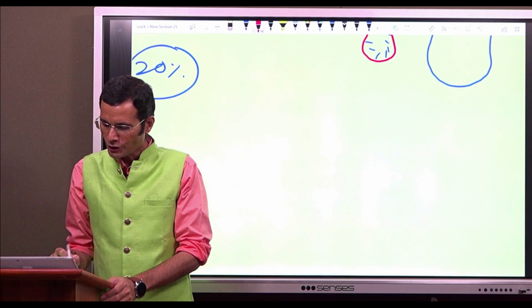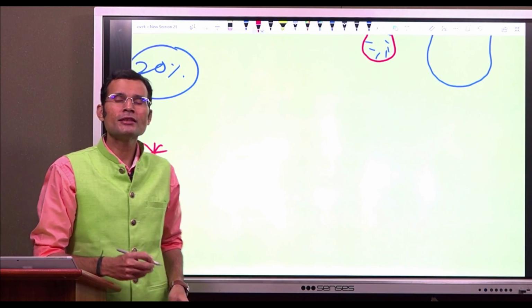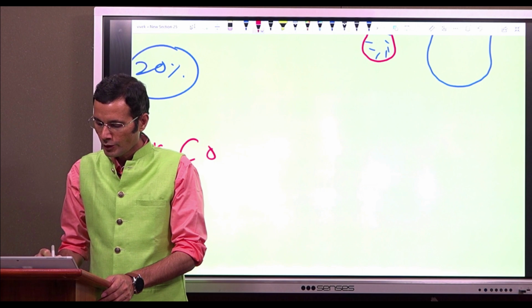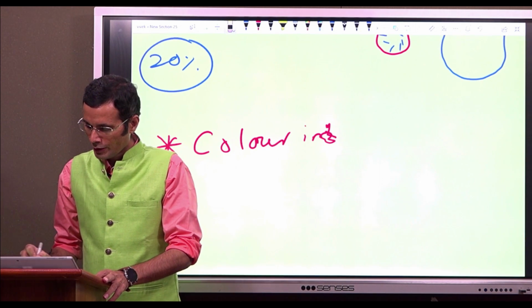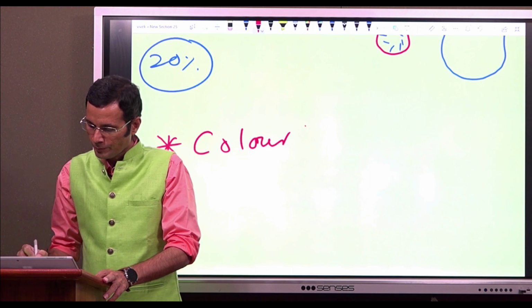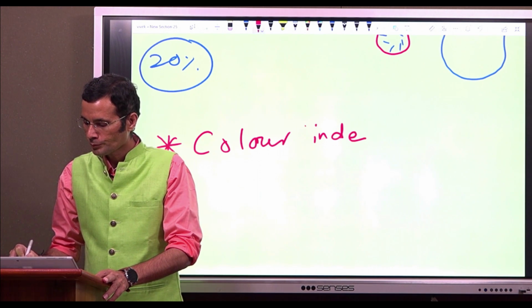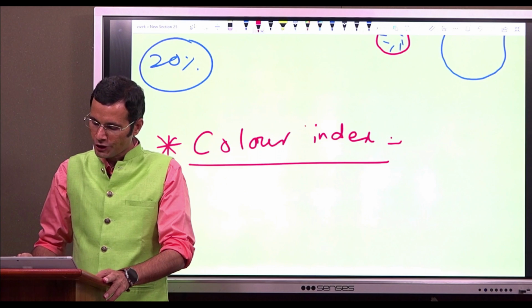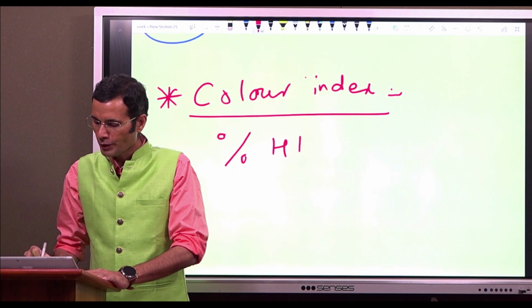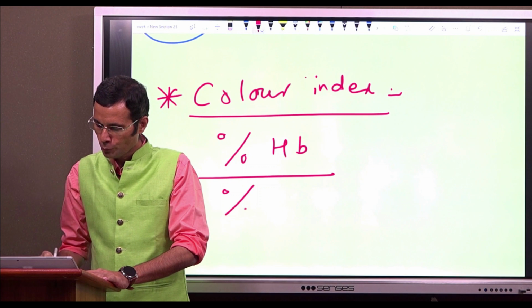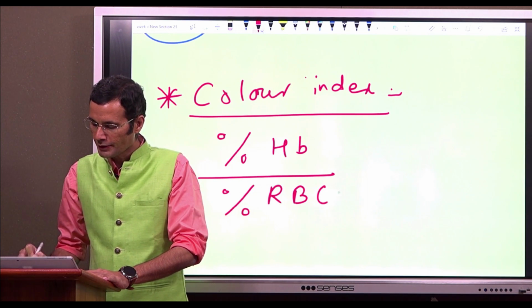And the last one, which is barely used these days, is color index. Color index is a ratio. It's the ratio of percent of hemoglobin to percent of RBC count.